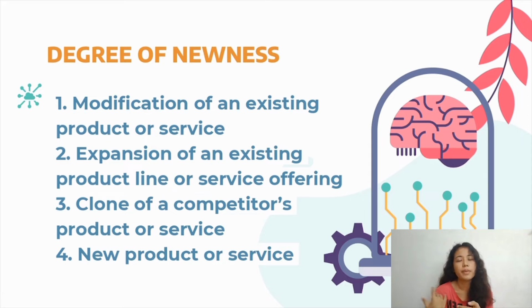So next, an expansion of an existing product line or service offering. So what is a product line extension? It is when a company creates a new product in the same line of an existing brand. So basically, there is an existing brand and the company makes a new product but still in the same product line.